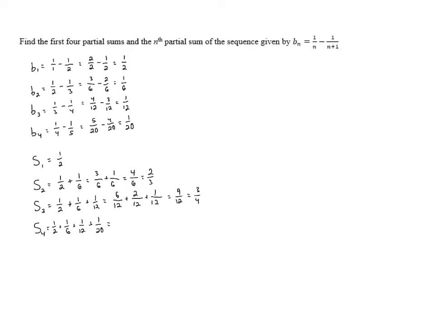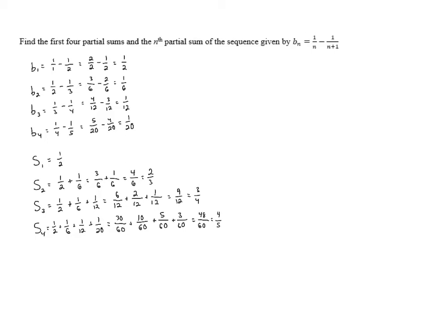Here, the least common denominator is going to be 60, which is quite large, so the calculations are going to be more involved. 1 half is 30/60. 1/6 is 10/60. 1/12 is 5/60. 1/20 is 3/60. When we add these together, we get 48/60. This reduces by a factor of 12, giving us 4/5.